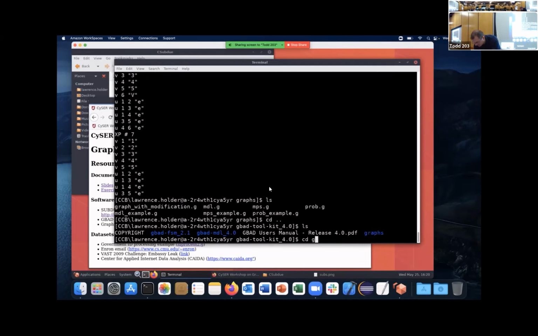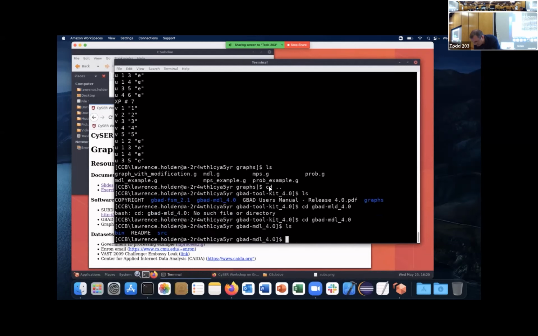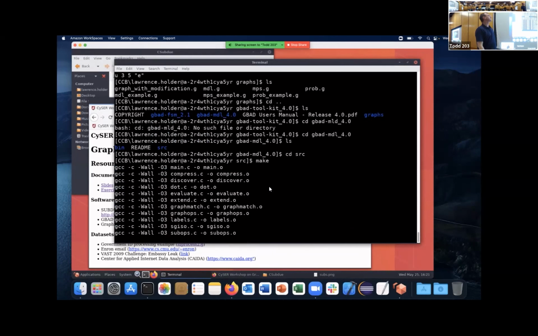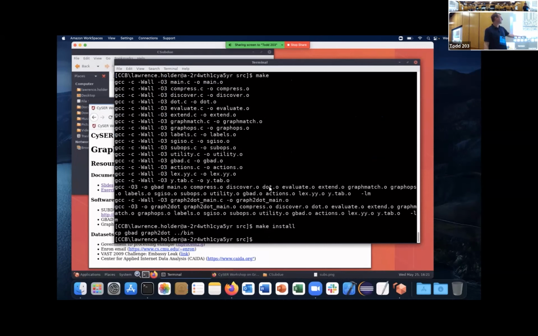So I'll go to this GBAD MDL, and then inside the source directory, same thing, we'll type make, which will build it, and then make install, which copies the binaries over to the bin directory.